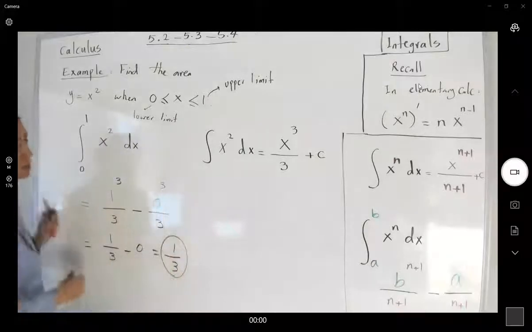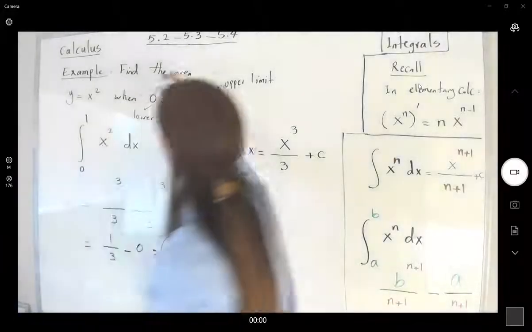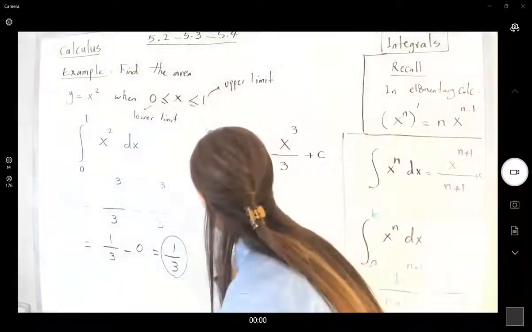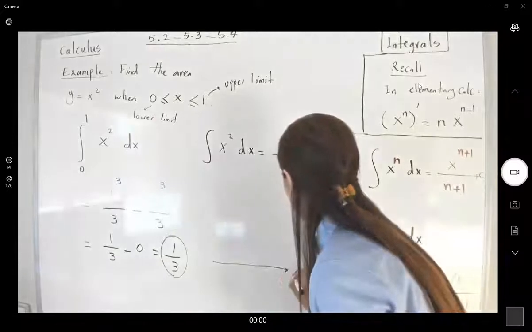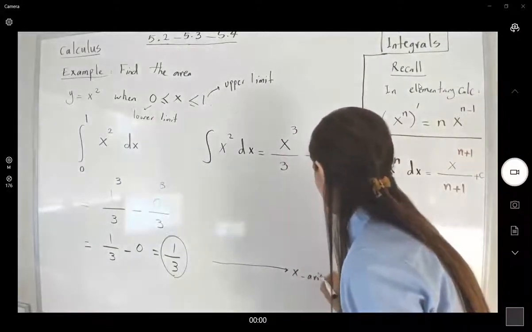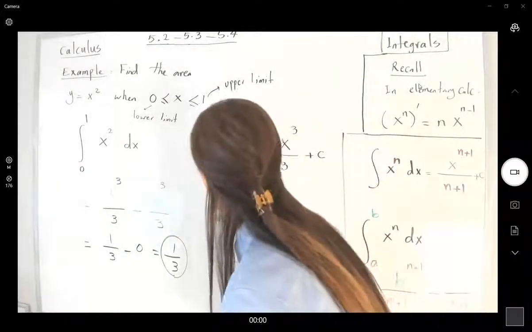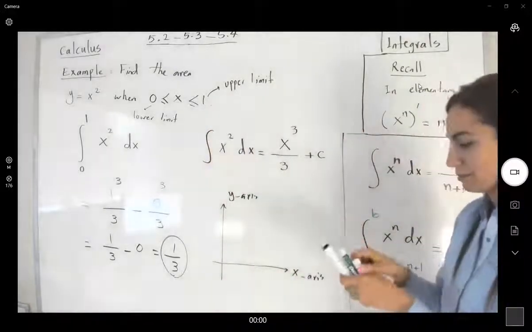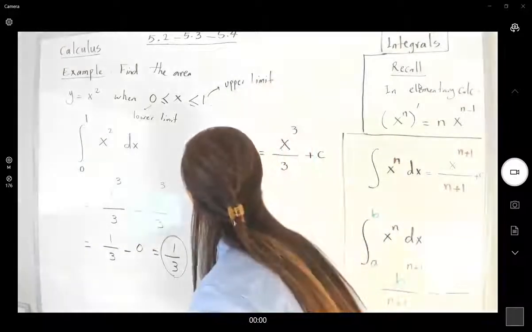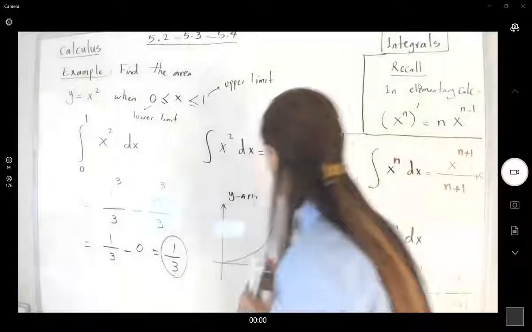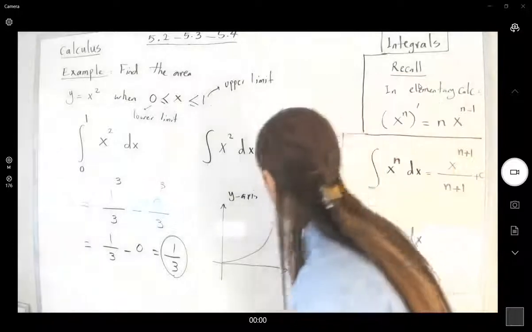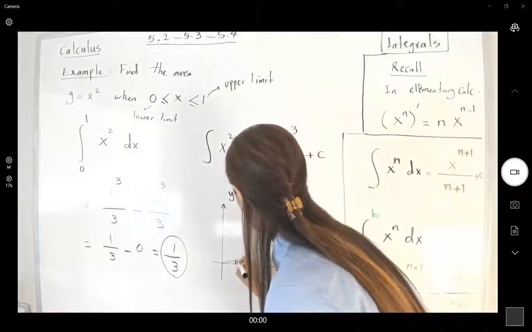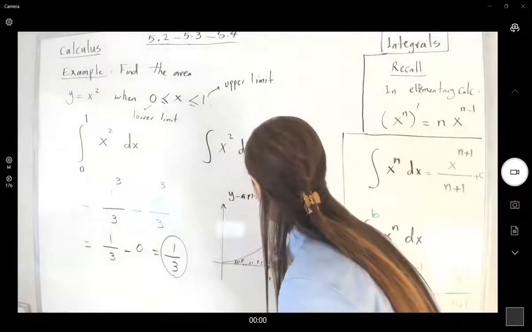This is the area below the graph of your parabola bounded between 0 and 1. This is my x-axis and this is my y-axis. This is your parabola bounded between 0 and 1, and this area here is equal to a third.